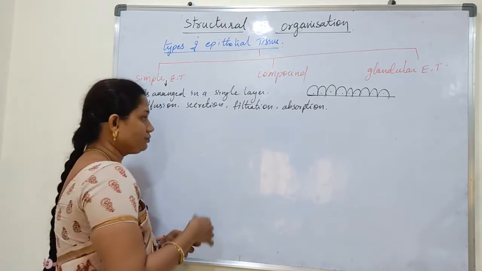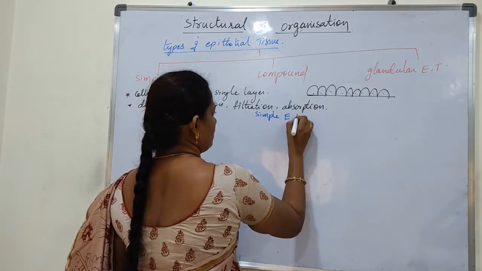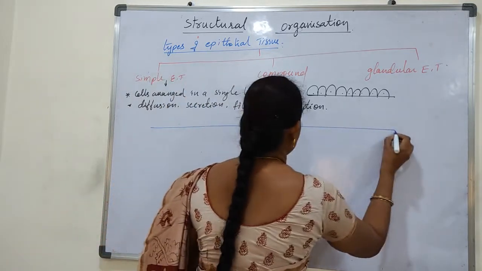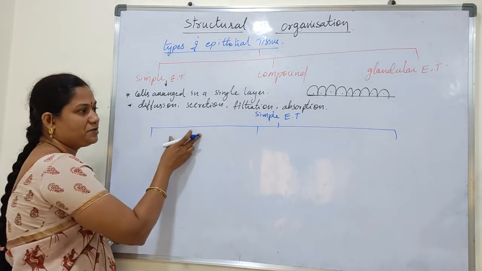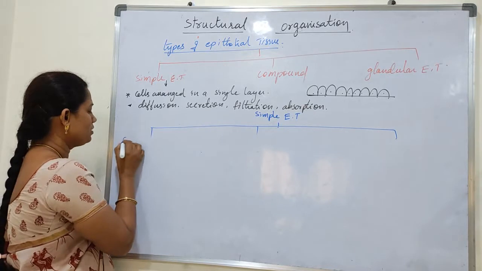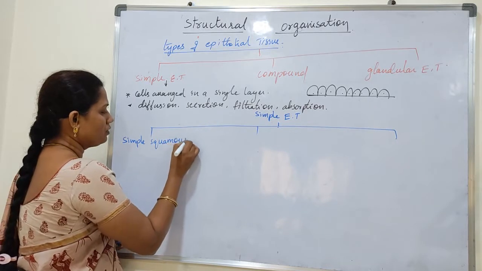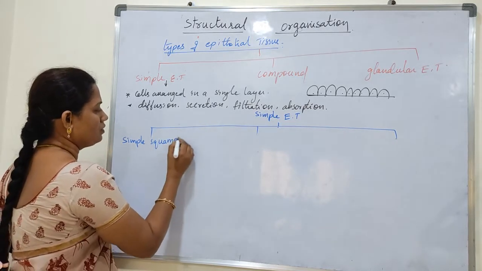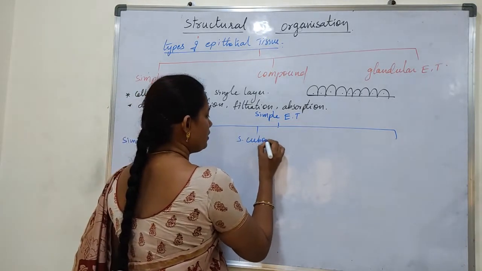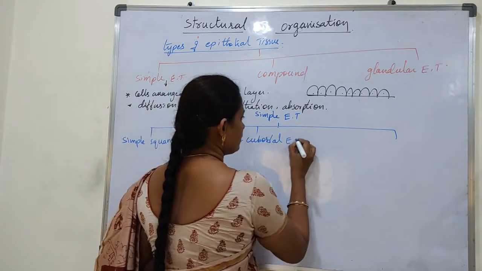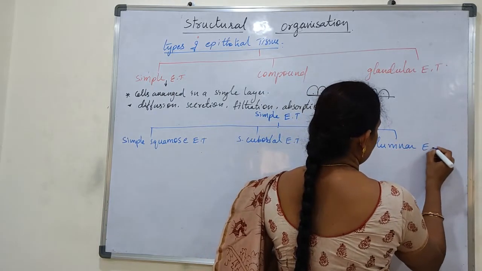Simple epithelial tissue can be divided into three types based on the shape of the cells: simple squamous epithelial tissue, simple cuboidal epithelial tissue, and simple columnar epithelial tissue.